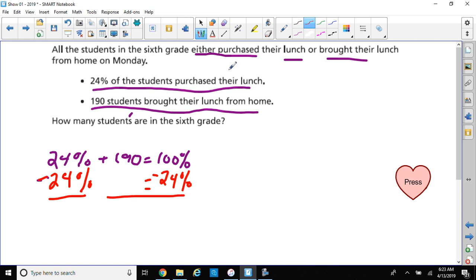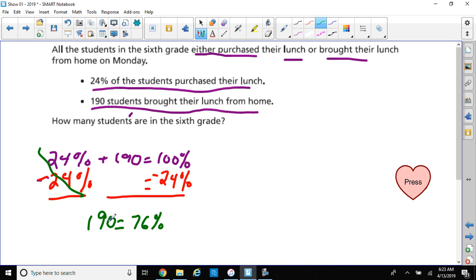So my percents are going to cancel out on the left side, so the 24% will be gone. I'll have 190 students equal to 76%. So that equals 76% of the student body.